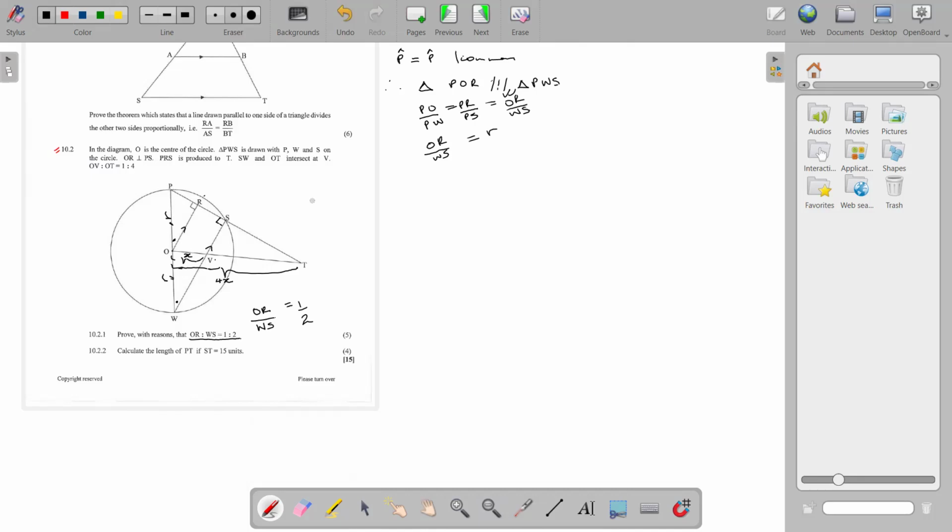PW, we know it is R plus R, which is 2R. So our OR over WS is equal to 1 over 2, which gives OR is to WS is equal to 1 is to 2. That one, it has been proven.